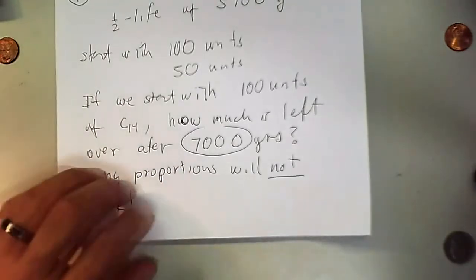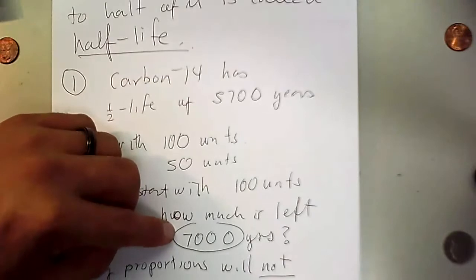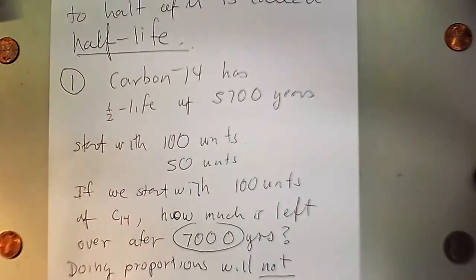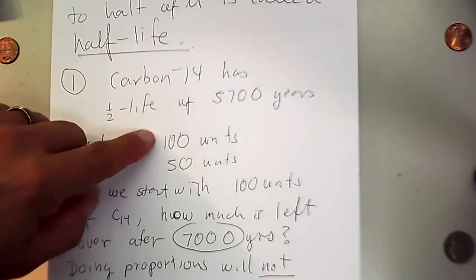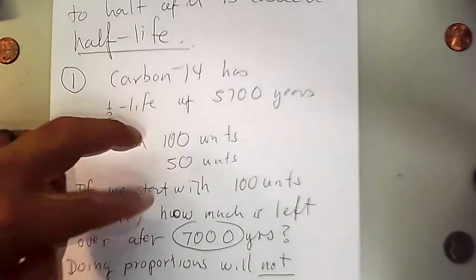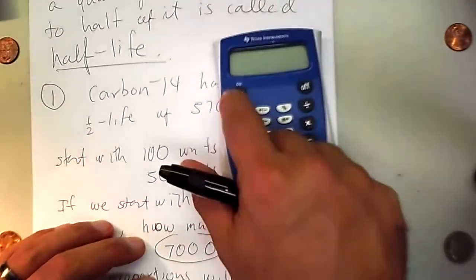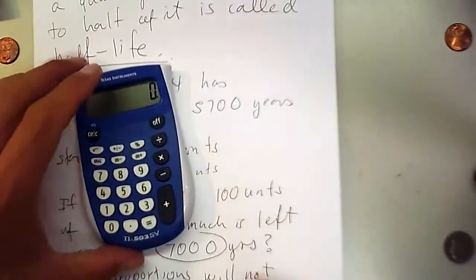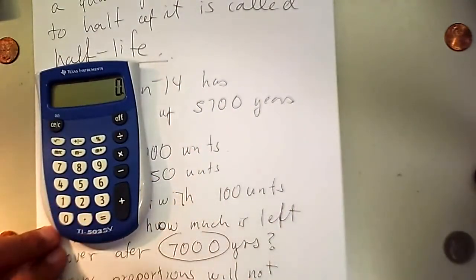So don't try proportions. Somebody could say, well, divide this by that, and that gives you an idea of how much we got rid of, and then you get the proportional amount. Okay, let's do it so that we know what we're talking about. So if we did proportions, which is not supposed to work here, this is one way to go about it.